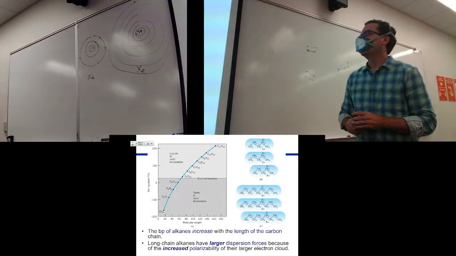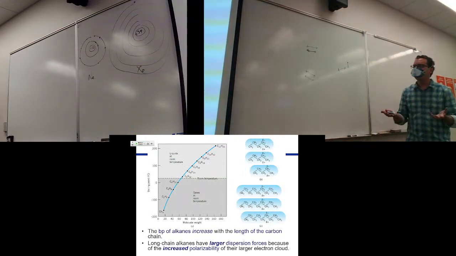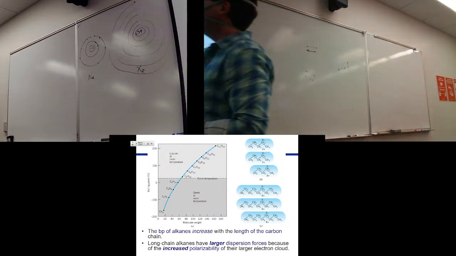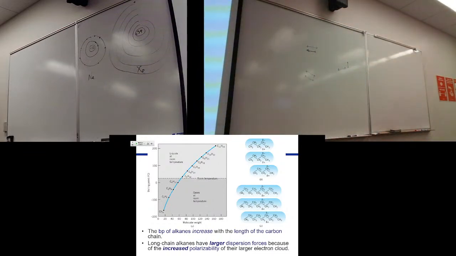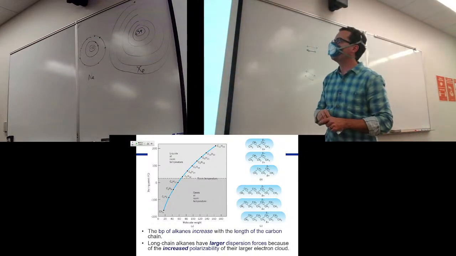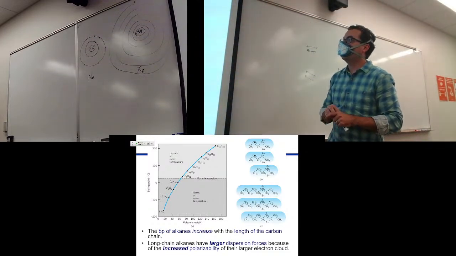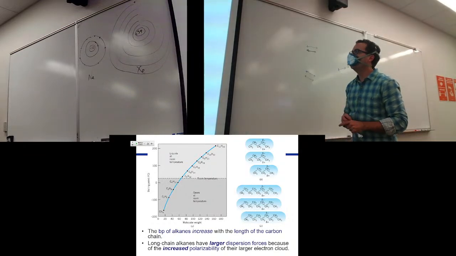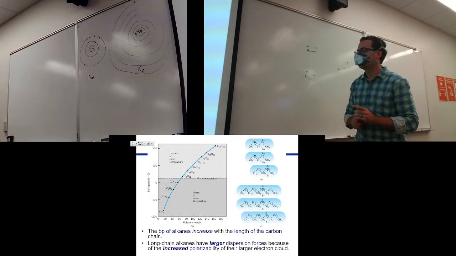All right, so we've seen this similar, but now it's in graph form. These are the boiling points for the different alkanes plotted against their molecular weights. And it's pretty clear that as you increase the number of carbons, as the molecular weight goes up, the boiling point increases.